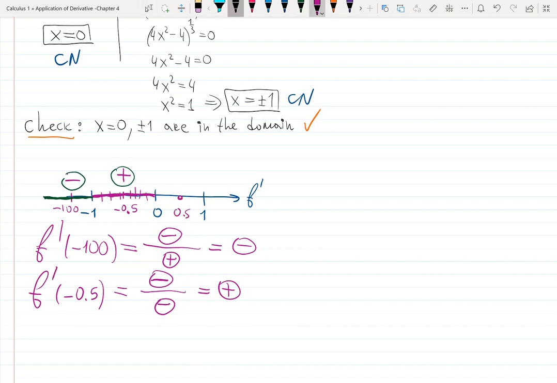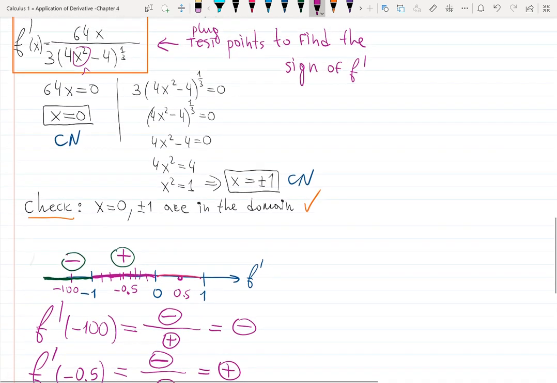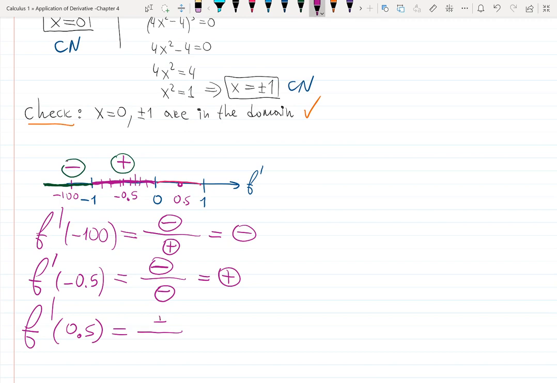Okay, 0.5 for this case. I will call this pink interval. So I will have f prime at 0.5. Is it going to be any different? Let's see. The top now is different. It's positive. The bottom will have the same logic we had before.